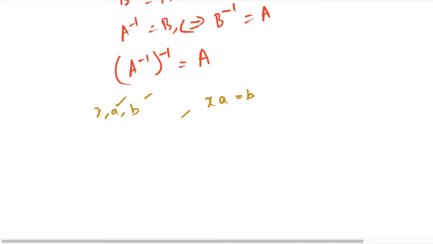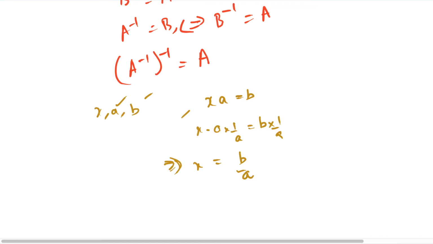You can find out x by multiplying by 1 by a, or a inverse, on RHS and LHS. So we will do x times a times 1 by a is equal to b times 1 by a, and this simplifies as x is equal to b by a.